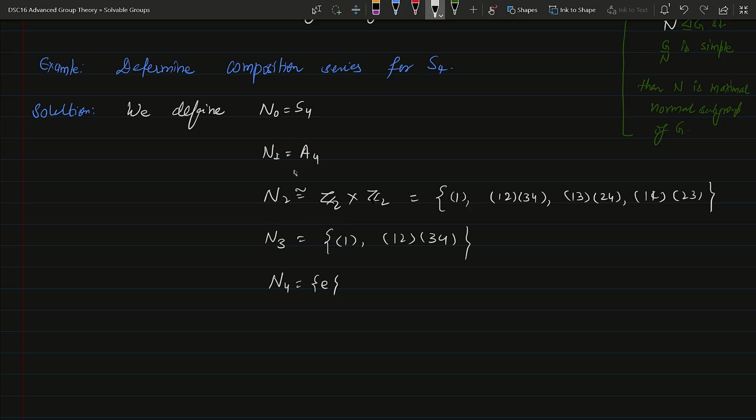So that means this chain provides us a composition series for S4.